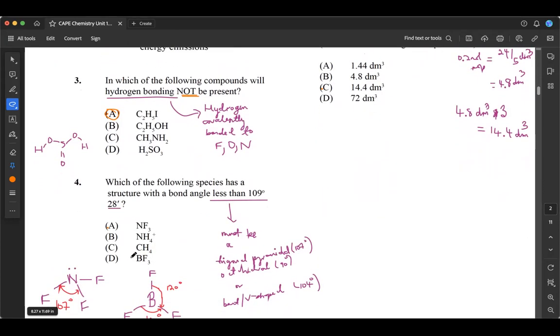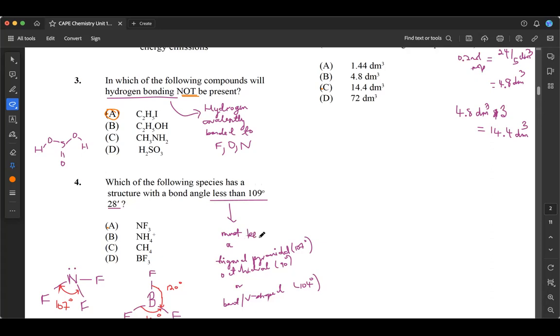Question 4 says, which of the following species has a structure with a bond angle less than 109 degrees, right? So remember, 109 degrees would be a tetrahedral angle, right? So we can't choose anything that has a tetrahedral shape. We need something that's less than a tetrahedral or less than 109, right?